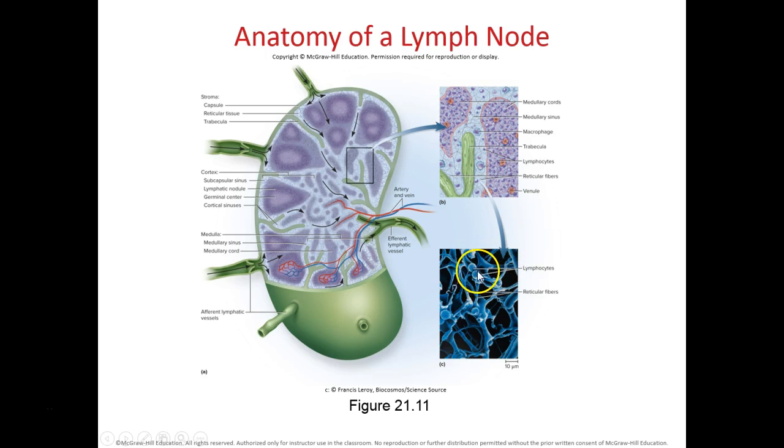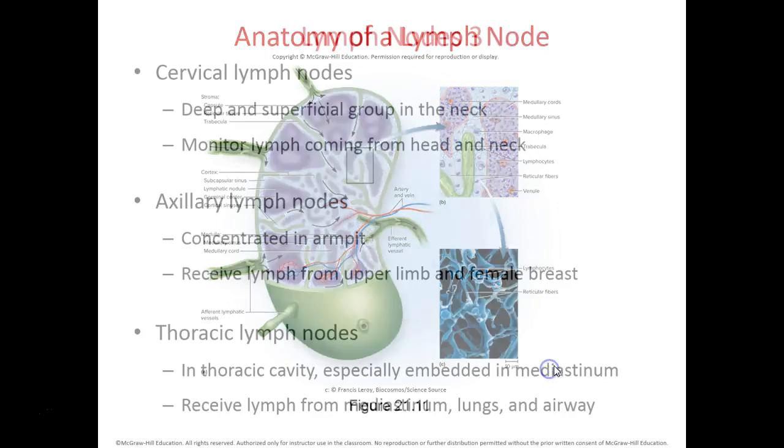These cells can see if there are bacteria or other abnormal cells that need to be removed, and it can keep an eye on what's going on in the fluid coming from that particular area of the body. And by having so many lymph nodes in so many different places, if these lymph nodes start to proliferate and get larger or swell, that's why they usually palpate. They try and feel your lymph nodes when you go to the doctor, because if they're swollen, that indicates there's possibly an infection in your body.